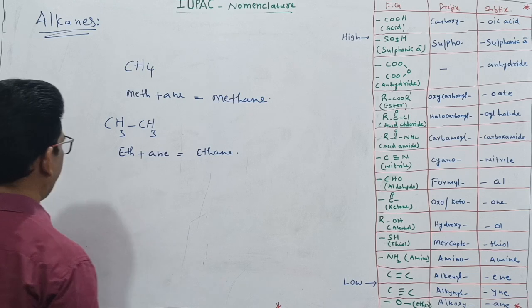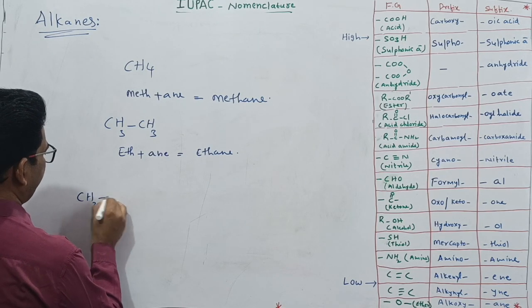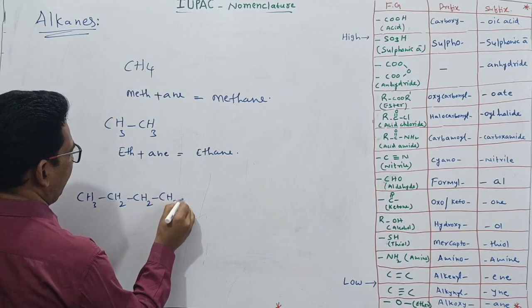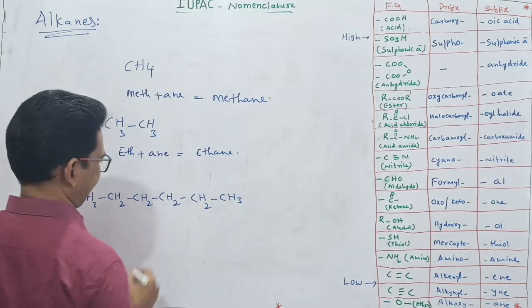For example, you can take 6 carbons: 1, 2, 3, 4, 5, 6.